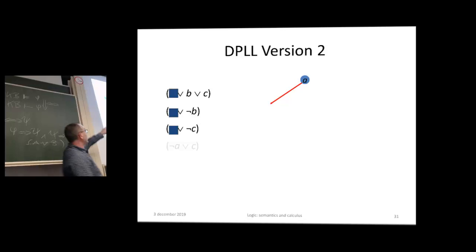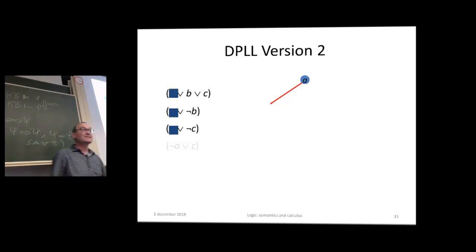So we start with choosing A false. Again, this is an arbitrary choice. But now see that we can simplify our clause set, because if we know that A is false, we know that it will never play a positive role in these constraints. So in all the clauses that we have, we can simply remove all the A's.